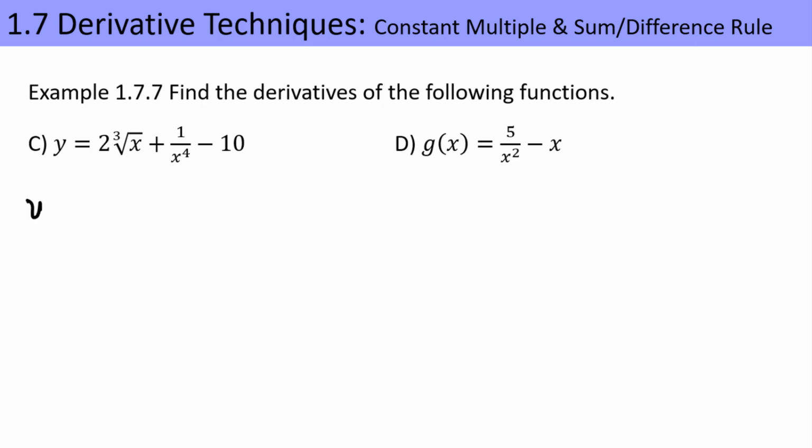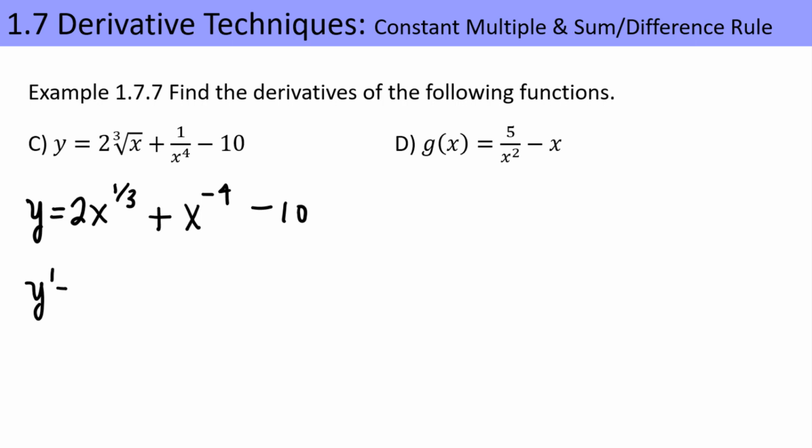So we'll have y equals 2, and then the cube root of x can be written as x to the 1/3, plus, and then 1 over x to the 4th. Using rules of exponents, we can write this as x to the minus 4, minus 10. Let's take note that we have done no calculus yet. All we have done thus far is use the exponent properties of algebra. Now we're ready to find the derivative.